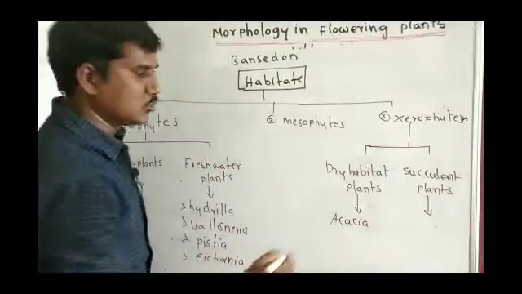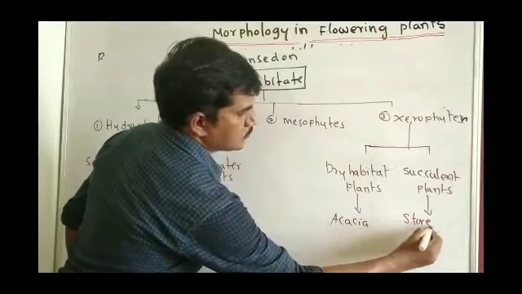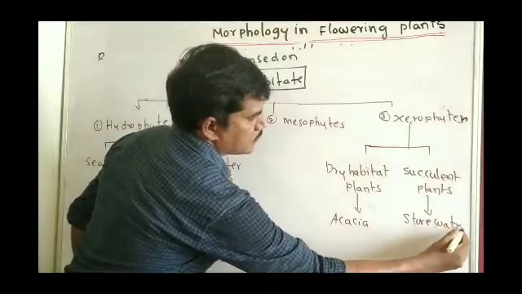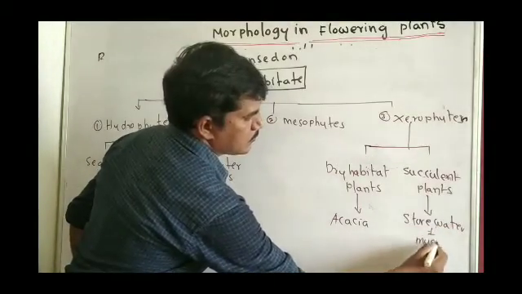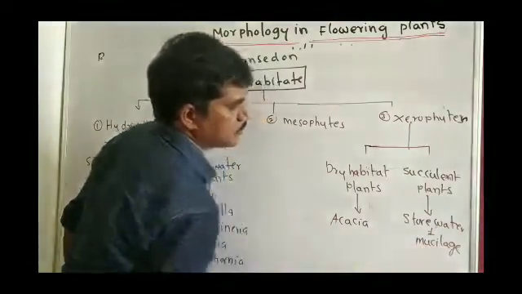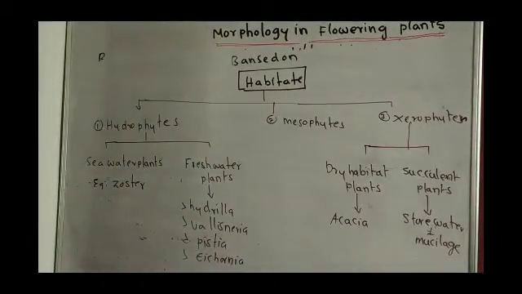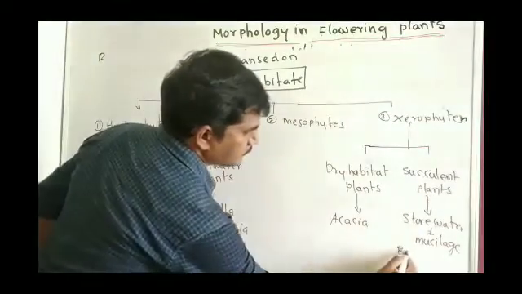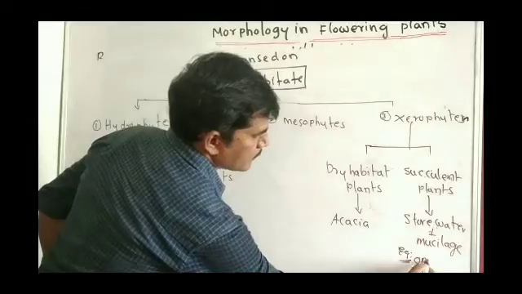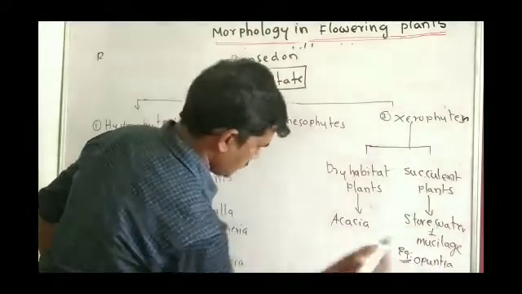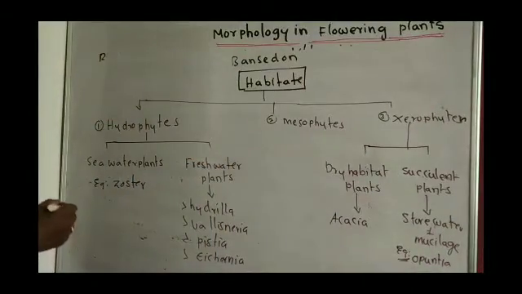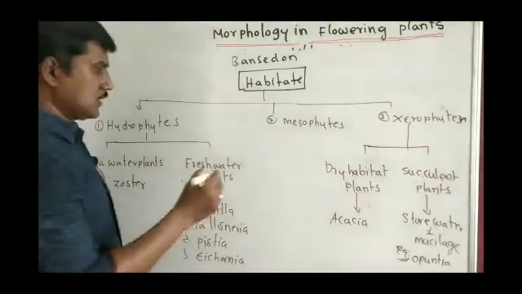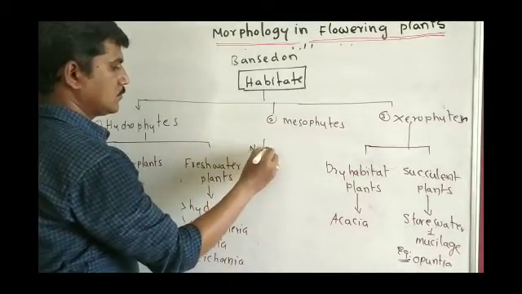Succulent plants store water plus mucilage. Example for this one, Opuntia. Important.